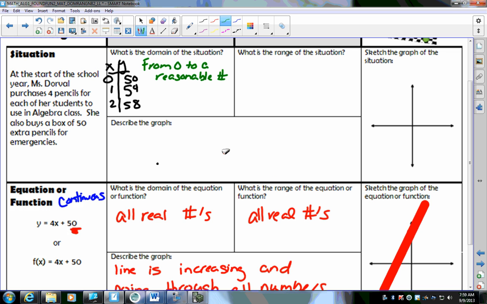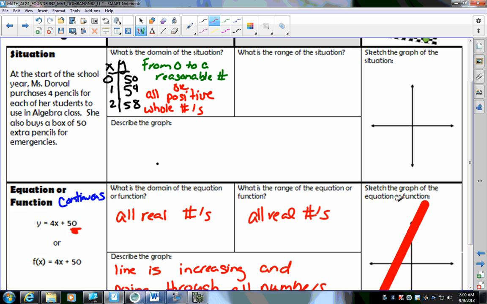Or another way I could write my domain is all positive whole numbers, because we talked about the fact you can't have negative pencils, and you can't buy a half of a pencil, or an eighth of a pencil, or 0.99999 of a pencil.